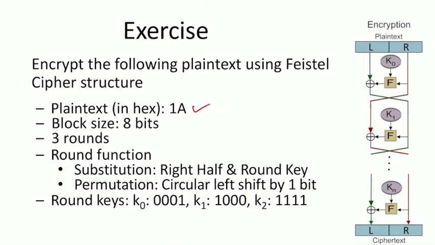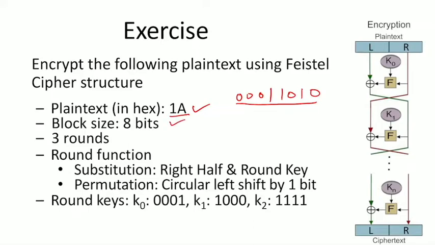Now pause here and try to encrypt the following plaintext using the Feistel Cipher Structure. So here you have some information. For example, the plaintext is 1A in hexadecimal, which is 0001 1010. So it's 8 bits. Assume that we have block size equal to 8 bits.